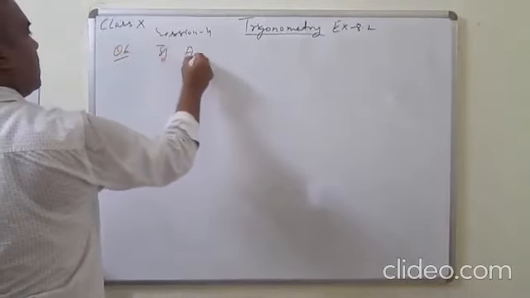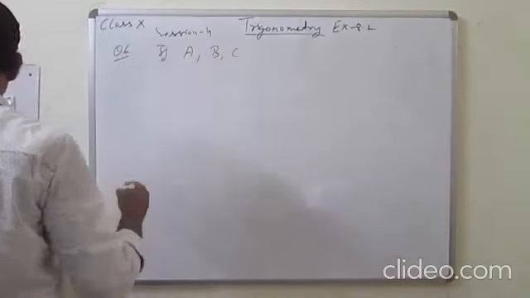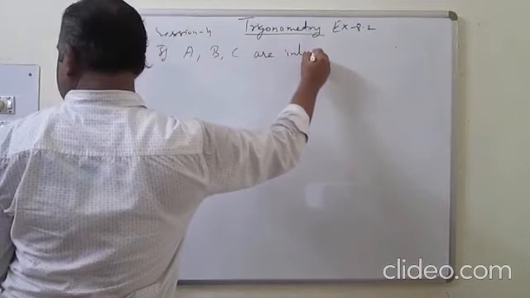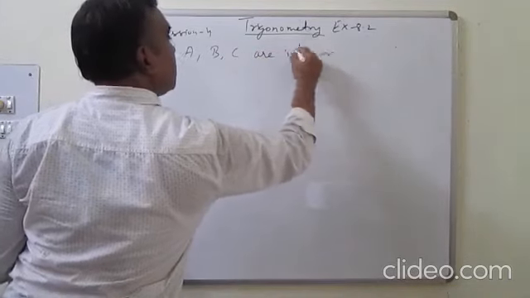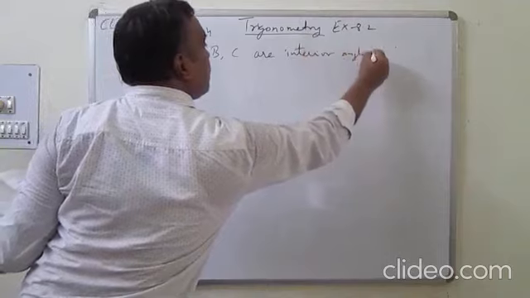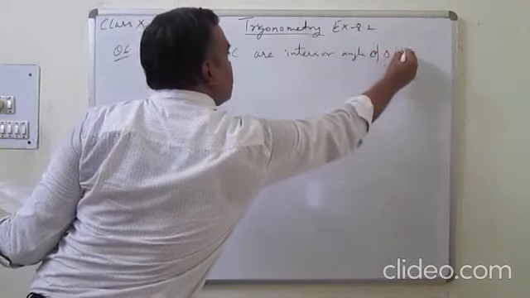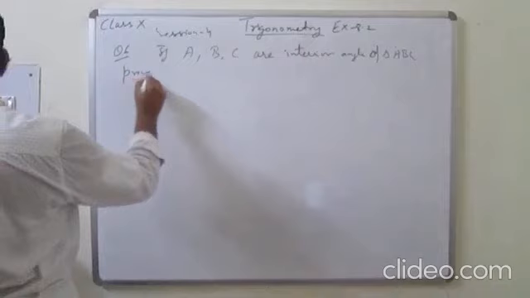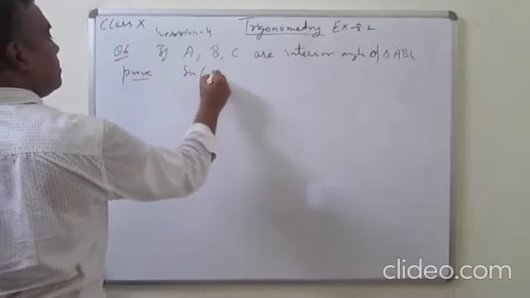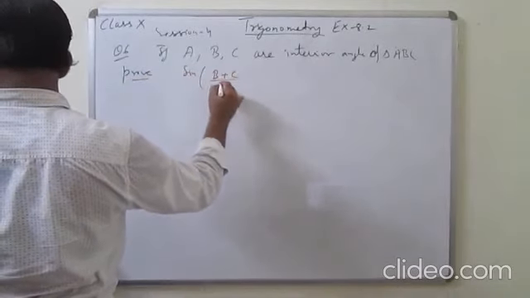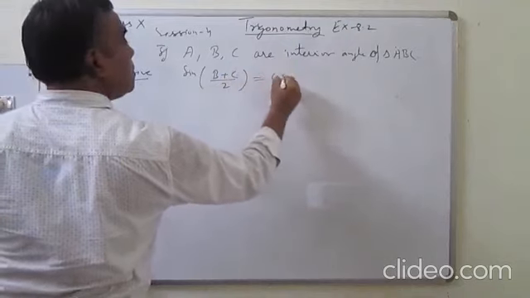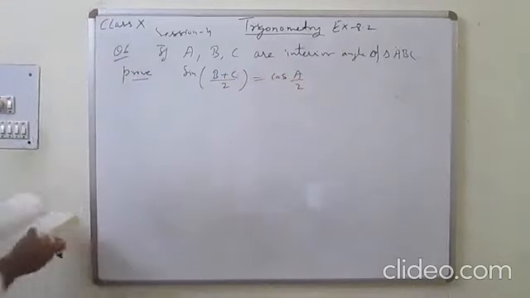If A, B, C are interior angles of triangle ABC, prove that sin of (B plus C) upon 2 is equal to cos A by 2.